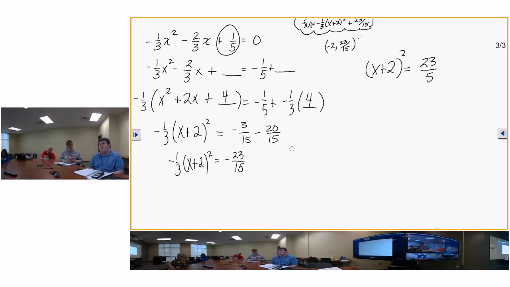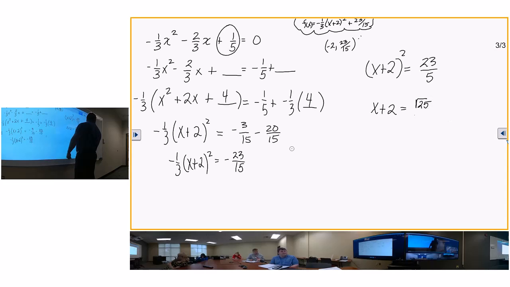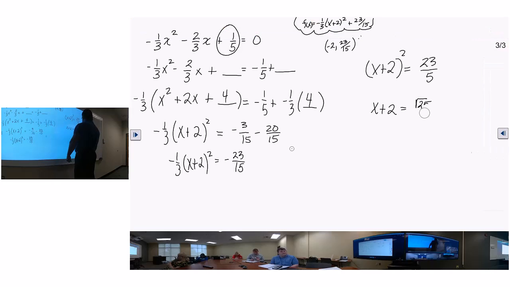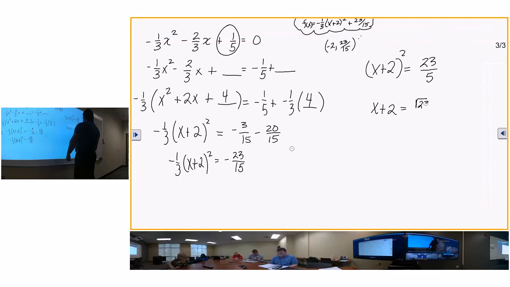Now, take the square root, that gives us x plus 2 is equal to the square root of 23 over the square root of 5, which will be the square root of 115 over 5.